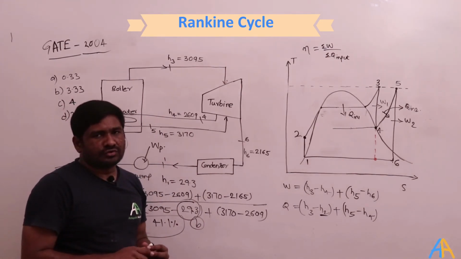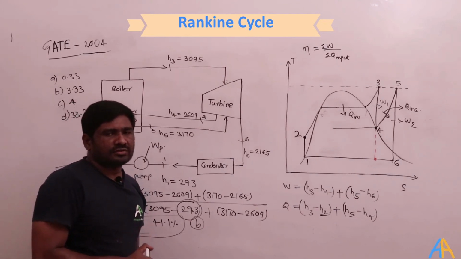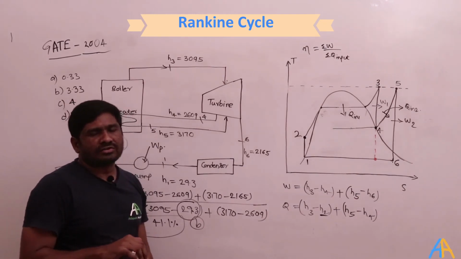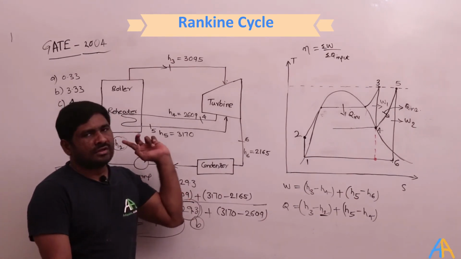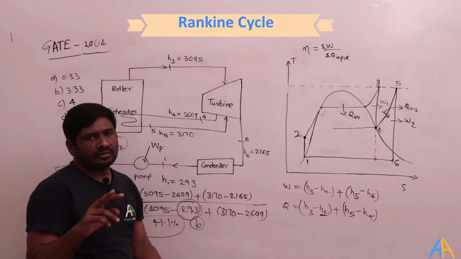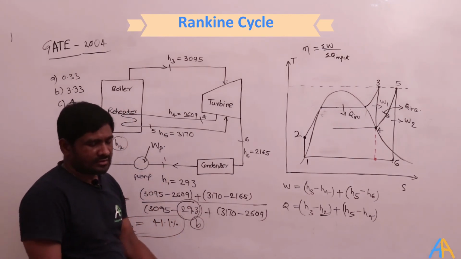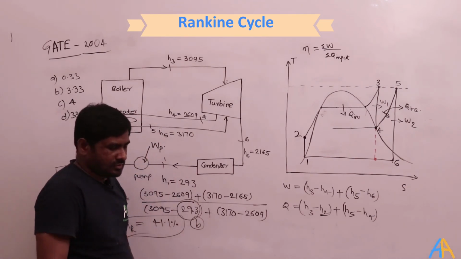Even if you substitute this extra 3, like 33.3, you will still get 41.1 percent, because compared to the other values the work given to the pump is very small. So this is how we need to do it in the examination.